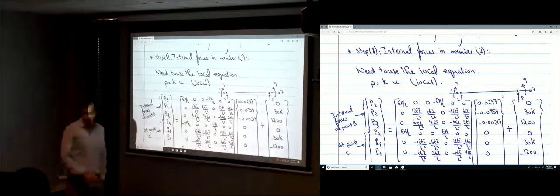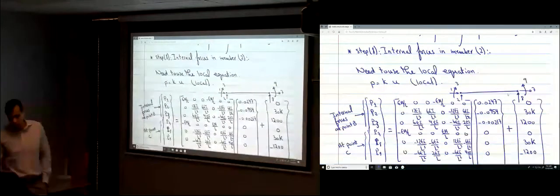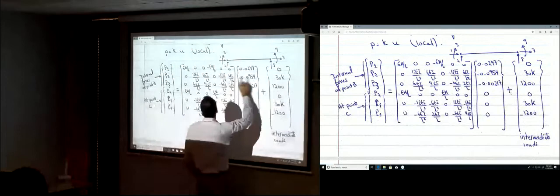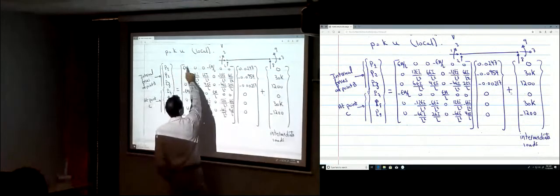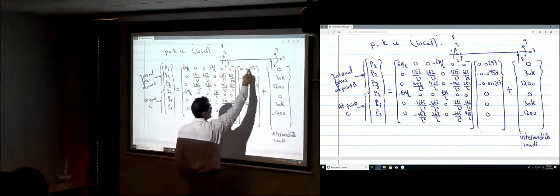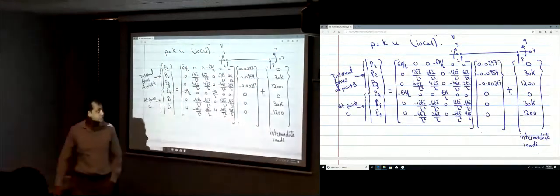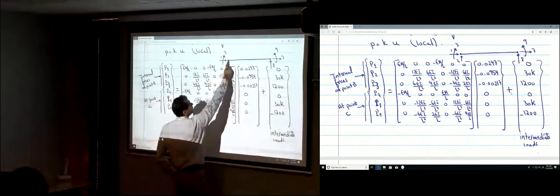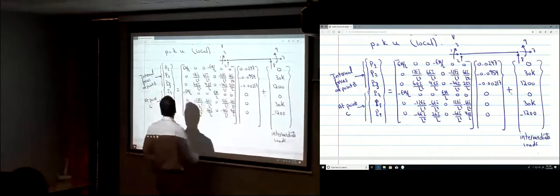And then just solving those. Here, those are numbers, so you can just do the multiplication. P1 is going to be this row multiplied by this column, plus this value. P1 represents the normal force here. P2 is the shear force. P3 is the bending moment.